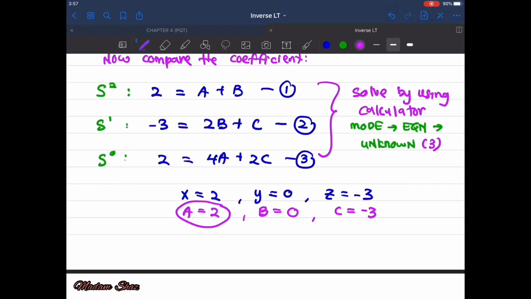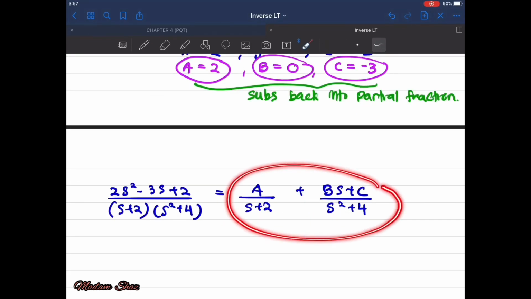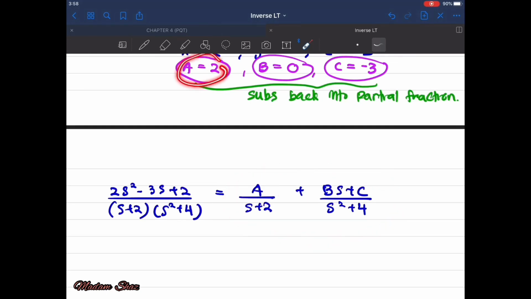So now you have to substitute all the constant A, B, C into the partial fraction. So this is our previous partial fraction. So you have to substitute A become 2, B become 0, and C become negative 3.